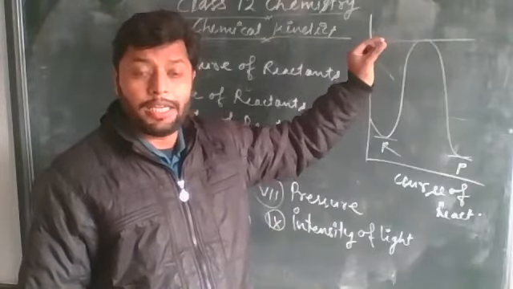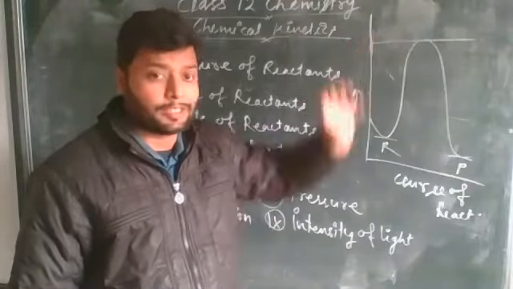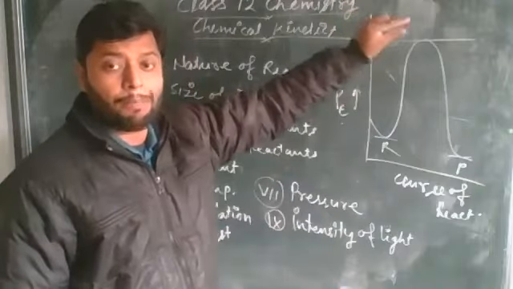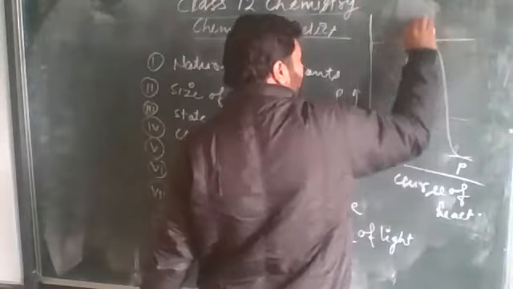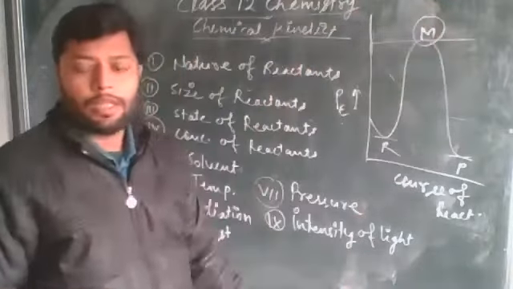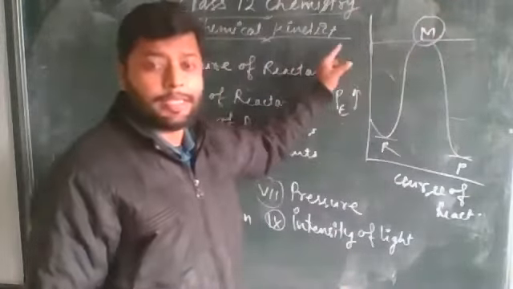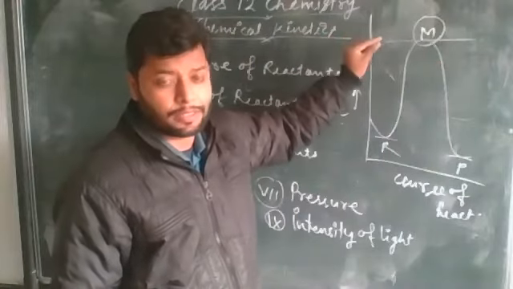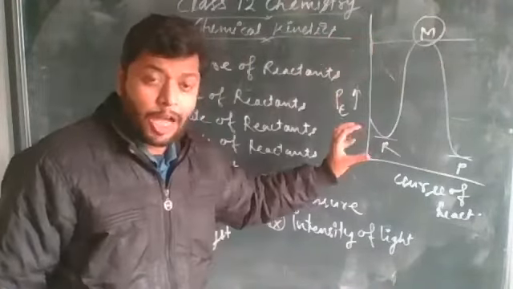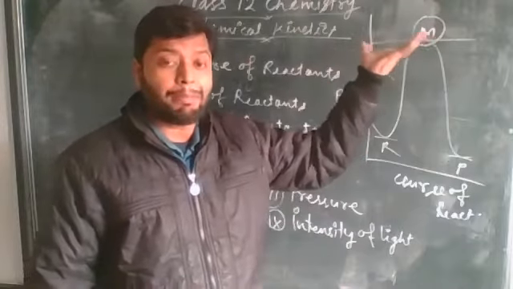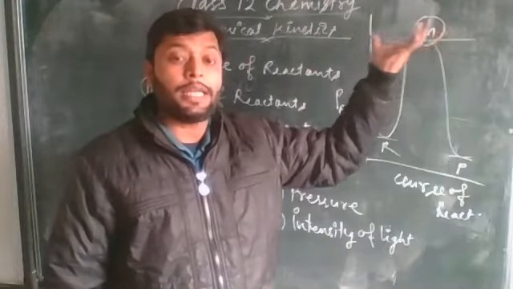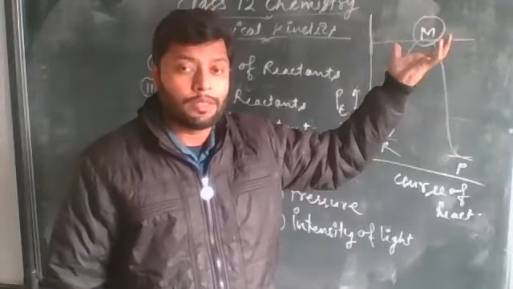At the excited state, there is a formation of complex. This is called complex formation. Suppose M. This energy point is called the energy barrier. Reactants after collision are excited and form a complex at a particular energy value called the energy barrier value.